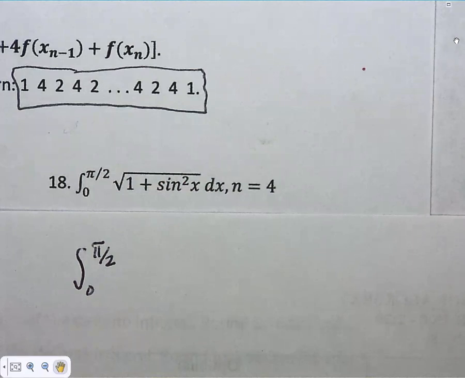If it was 1 minus sine squared, I'd put cosine squared in its place. And then I would say the square root of cosine squared is just cosine. And if this was 1 minus sine squared, I could do that, and that's something that I could integrate and find an exact value.